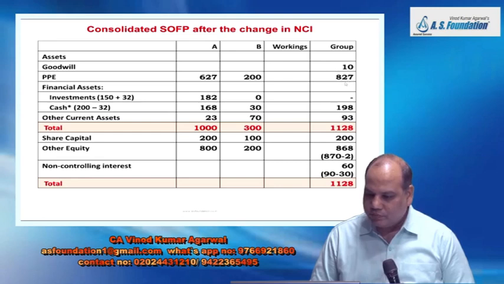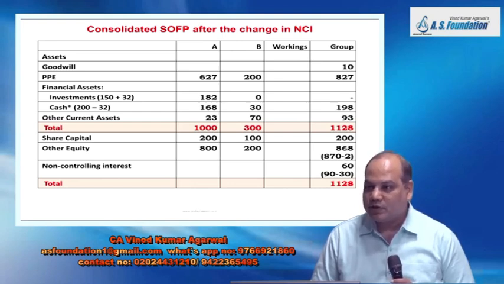Group cash will get reduced by 32. Then in the group, other equity will reduce by 2 compared to the previous answer, 870 minus 2. And in the group the NCI will reduce by 30.